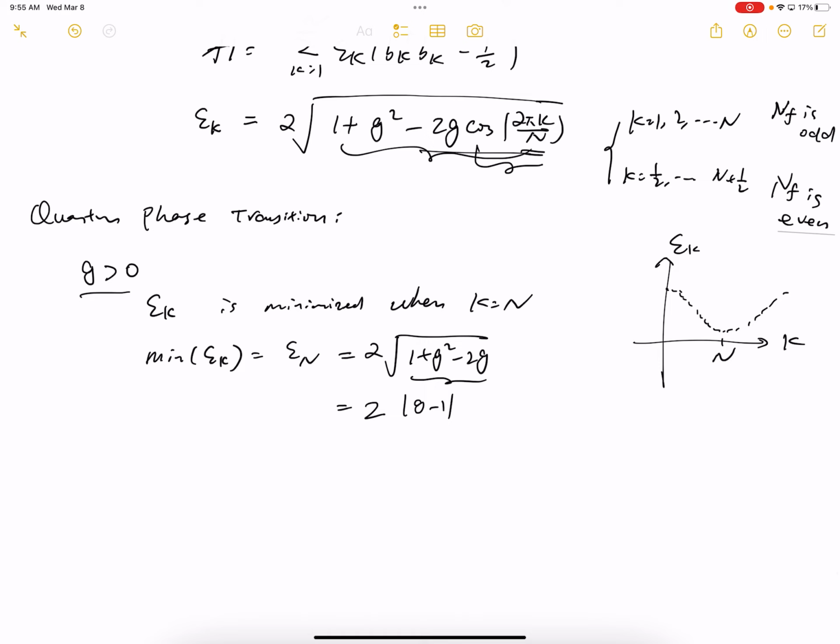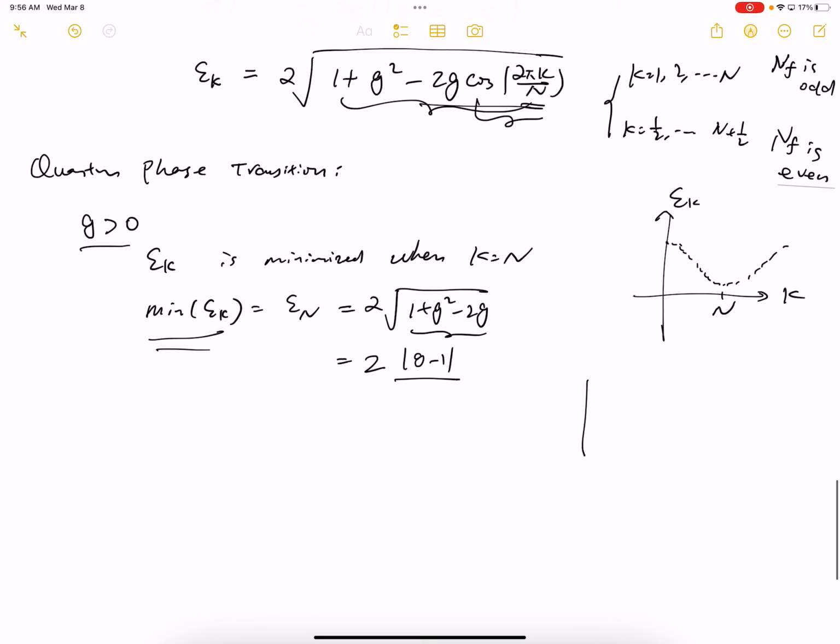But here, let's just look at what this actually means. If you look at the minimum single particle energy, you actually already get a non-analytic point here. So this is already telling you that there's something weird happening when g is equal to 1, because this absolute value is non-analytic, right?